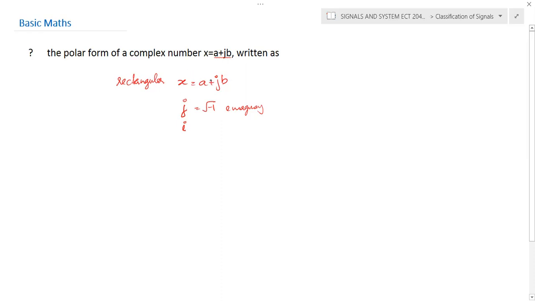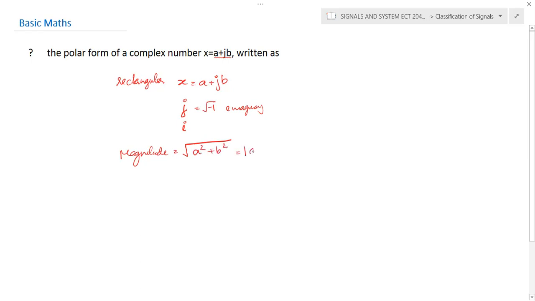So how can we convert this rectangular form into polar form? The polar form is known as the magnitude angle form. So we need to find the magnitude of the given number. The magnitude of the complex number is simply root of a square plus b square.